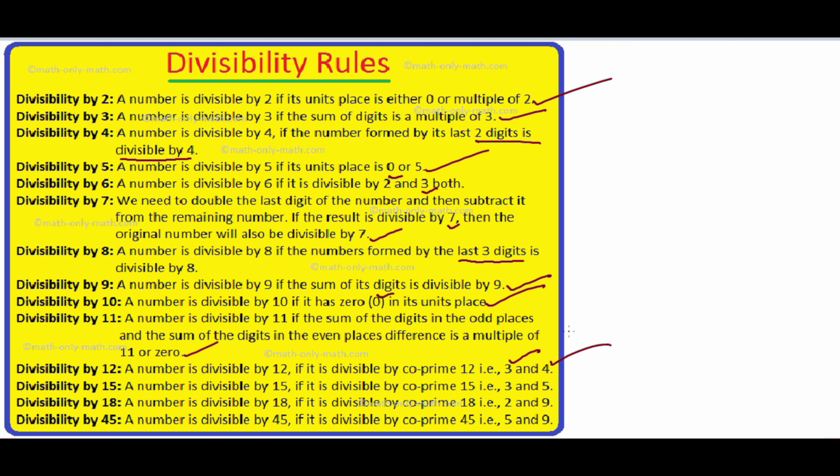It means if both the things are accomplished, divisibility by 3 and divisibility by 4, then you can say that the whole number is divisible by 12.